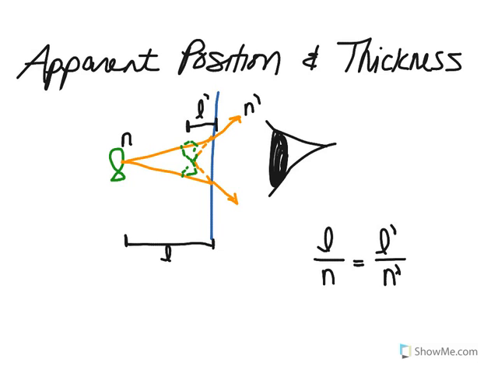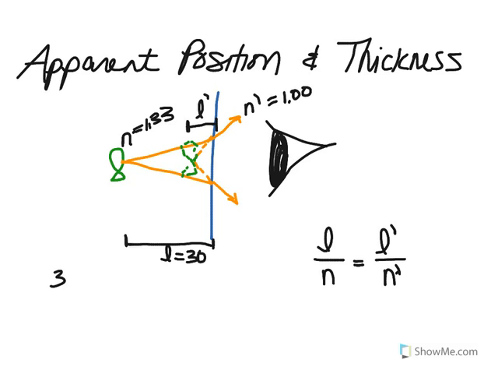For our first example, we could say that a fish is located 30 centimeters underwater, and we want to find where the apparent position of the fish is. So if the fish is actually 30 centimeters underwater, we use that as our L. The index of the water is 1.33, and we know the index of air is 1.0. And we're trying to solve for L prime, which would be the apparent position of the fish.